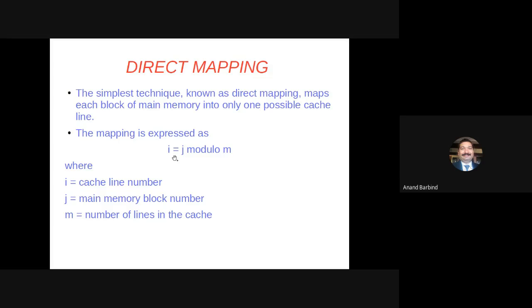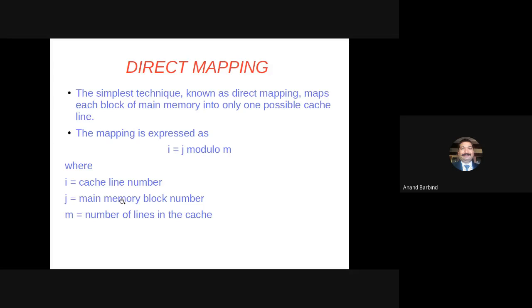That is, j mod m. So i is the line number that you get, and what is j? j is the main memory block number. There are a number of blocks in the main memory, so where to transfer this particular jth block?